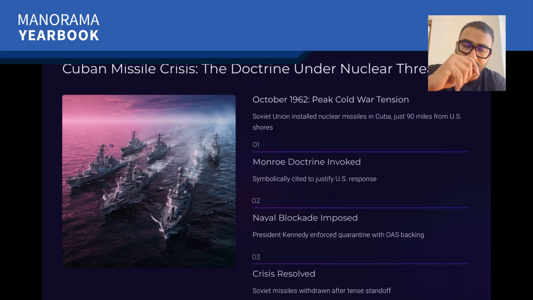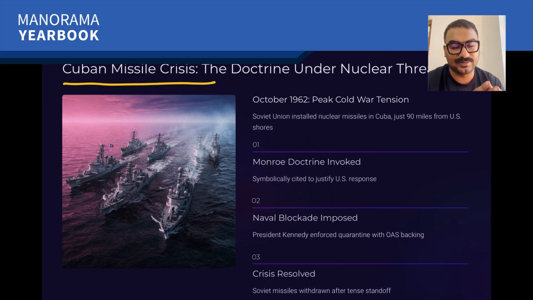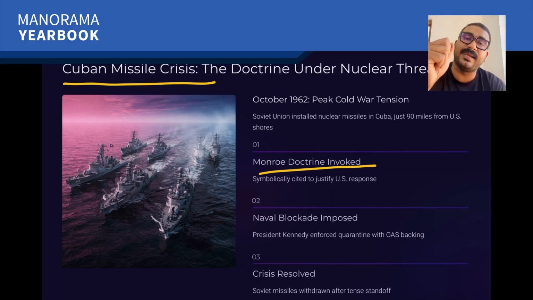For another example, the doctrine surfaced again during the Cold War, especially in 1962 during the Cuban Missile Crisis. When the Soviet Union began installing nuclear missiles in Cuba, the United States invoked the Monroe Doctrine symbolically, with the backing of the Organization of American States.